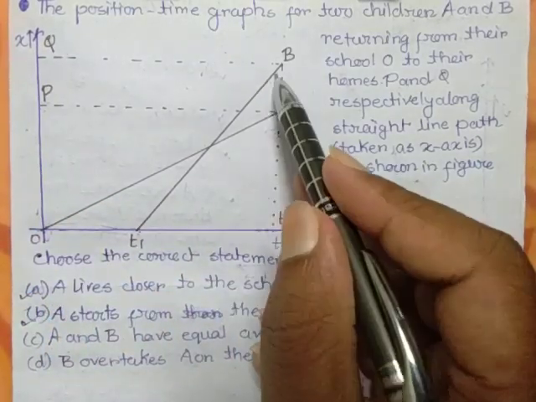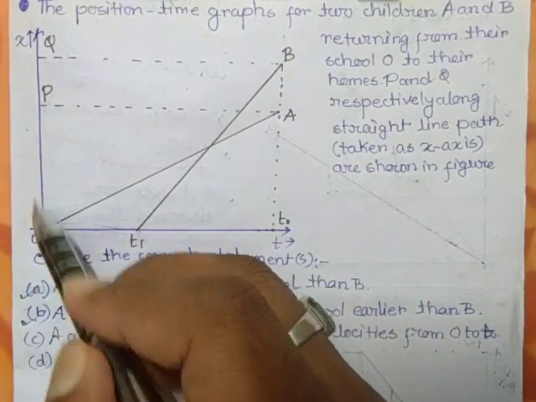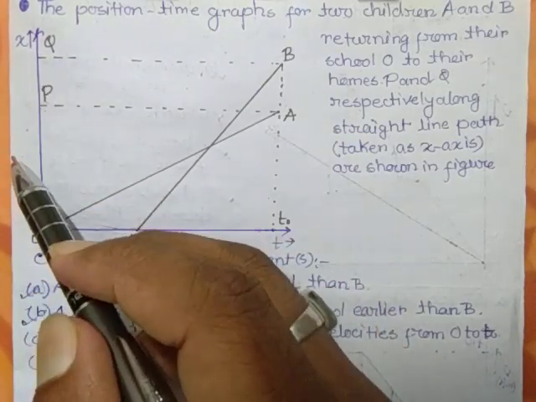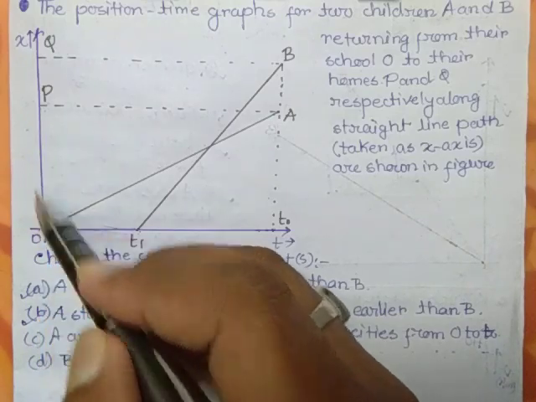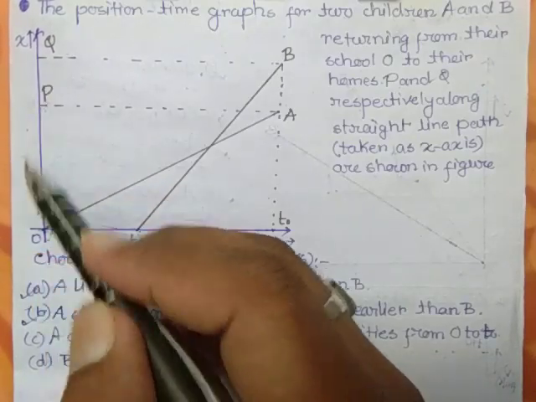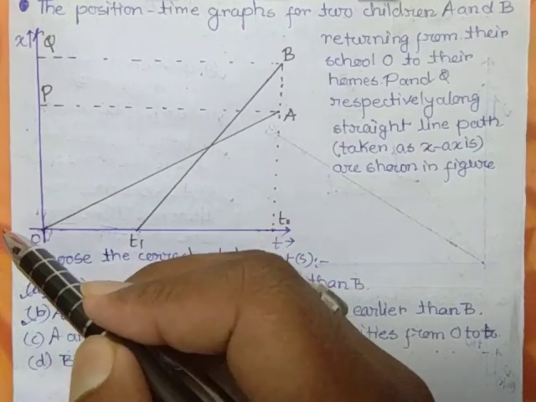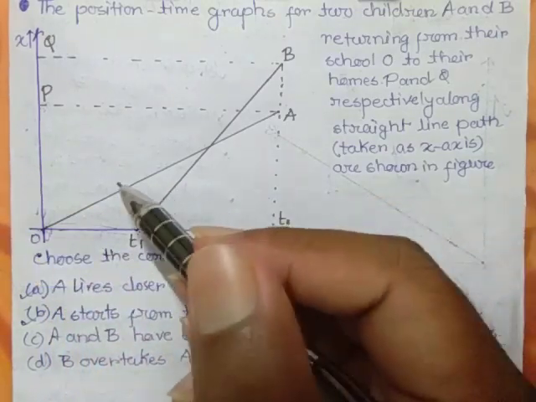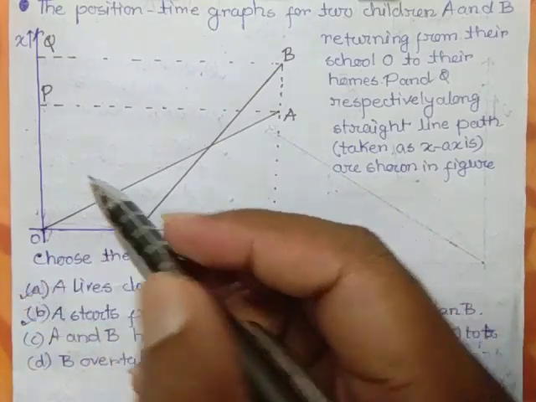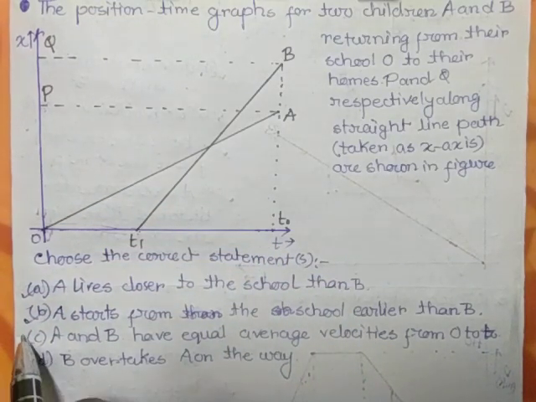The time is the same, as both of them reach home at t0, but the distance for A is less than for B, because A covers the distance OP and B covers the distance OQ. Since OP is less than OQ, the average velocity of A will be less than that of B. So this statement can't be correct.